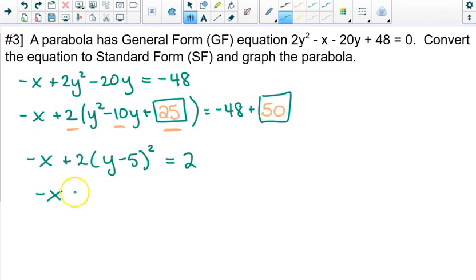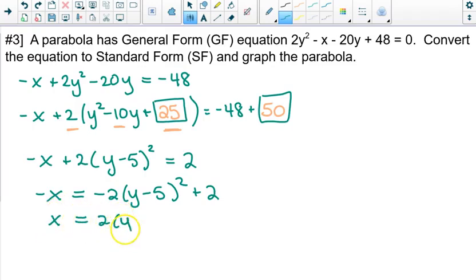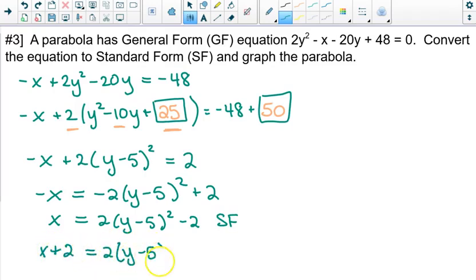And we have negative x equals negative 2 times (y minus 5) squared plus 2. Or we could go ahead and multiply both sides by negative 1. So we get x equals 2 times (y minus 5) quantity squared minus 2. That looks like standard form. Or if we want, we can write x plus 2 equals 2 times (y minus 5) quantity squared. So we have our standard form.